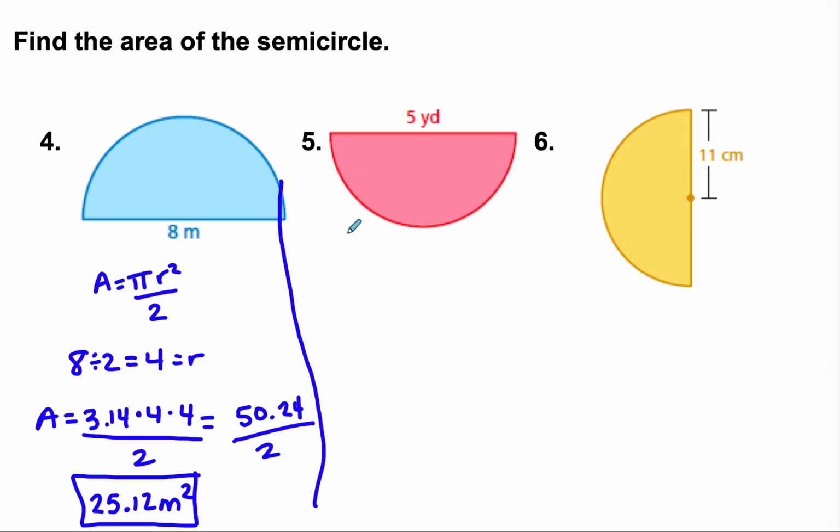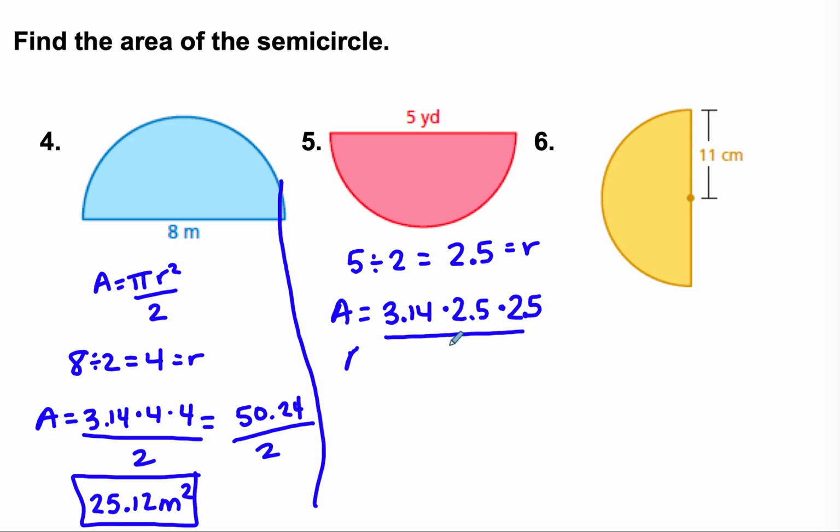All right. Let's take a look at number 5. So again, we're going to start by dividing by 2 because they give us a diameter and not a radius. So 5 divided by 2 is 2.5. That is the number we are using for our radius. So we're going to do area equals 3.14 times 2.5 times 2.5. And then I'm going to need to divide it by 2. Let me erase that.